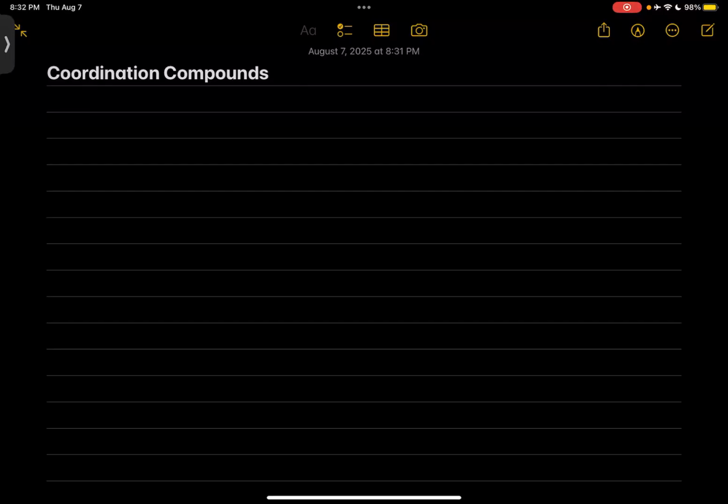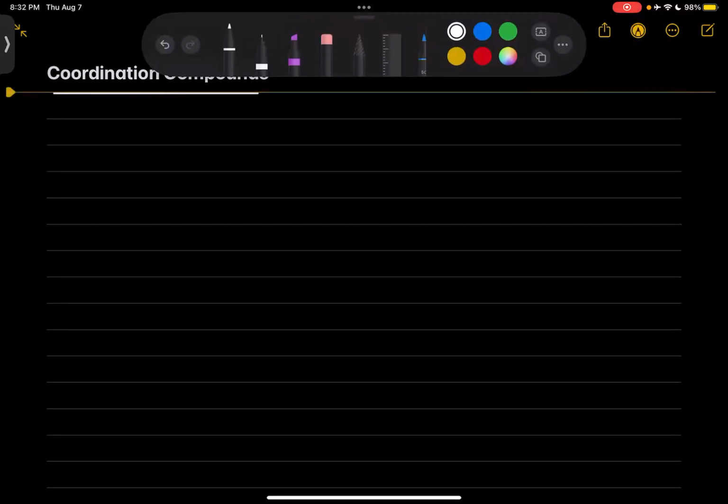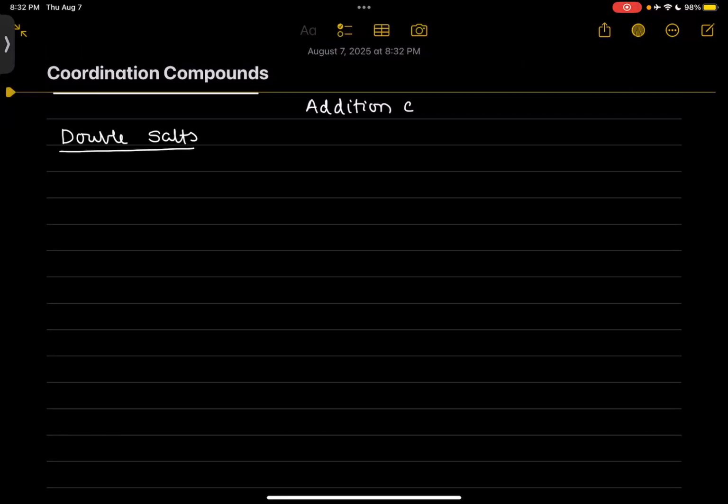So first of all, we have double salts. We have addition or molecular compounds.